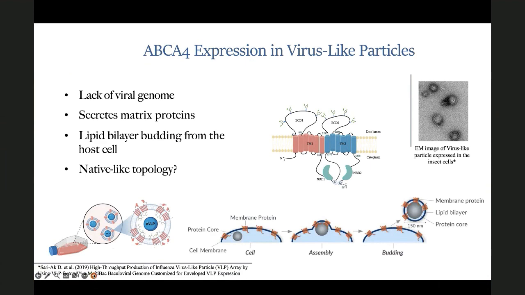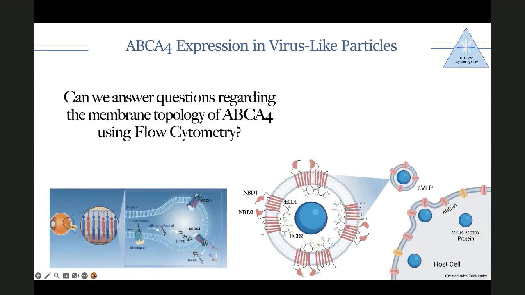Dr. B, can you proceed, please, with the next slide? Thank you. Now, I would like to quickly remind you of the native topology of ABCA4. ABCA4 has four functional domains: exocytoplasmic domains 1 and 2, ECD 1 and 2, and nucleotide binding domains 1 and 2.